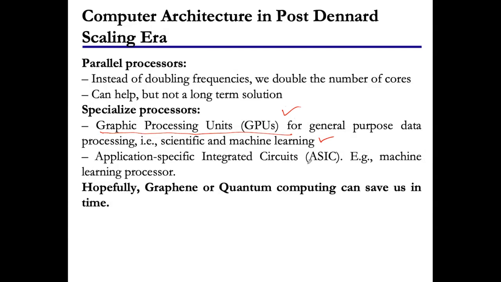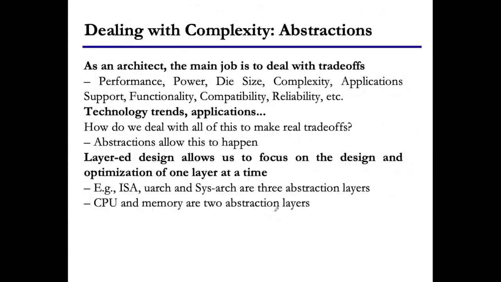Another one is application specific integrated circuits, used for machine learning processors. And hopefully graphene or quantum computing can save us in coming days by increasing the processor's power.